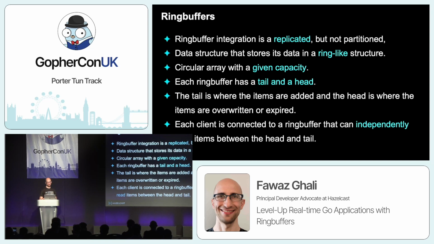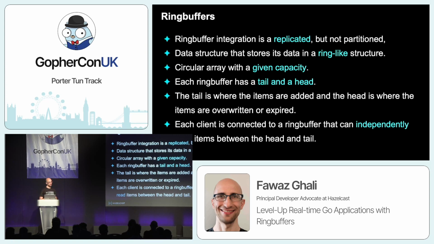A ring buffer is essentially, as it says, like a ring, and it has a limited size, right? It's like an array, but this array is like a circle. So it has a tail and a head. The tail and head tell you where you need to add your data into the ring buffer and where you can consume it.